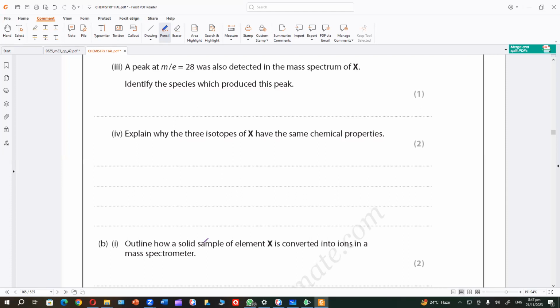If iron is the main element, Fe2+. By default the charge is always plus 1, but here 28 is exactly half of 56, so Fe2+.